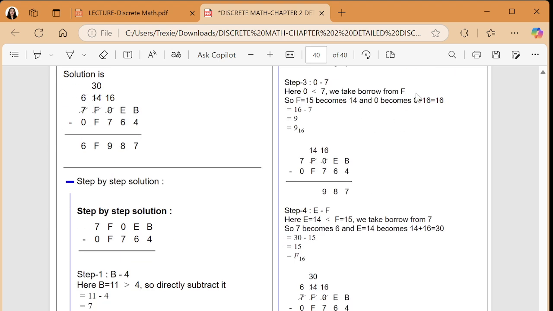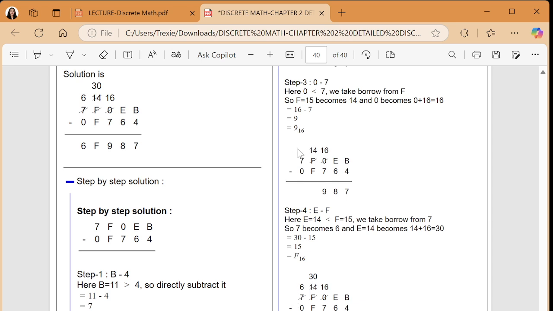Now we need to borrow from F. So F will now become 14 and 0 will now become 16. Since we are currently subtracting in base 16, 16 minus 7, the answer would be 9. So 14 is equivalent to E. So 14 minus F, we need to borrow again since we have here 7.